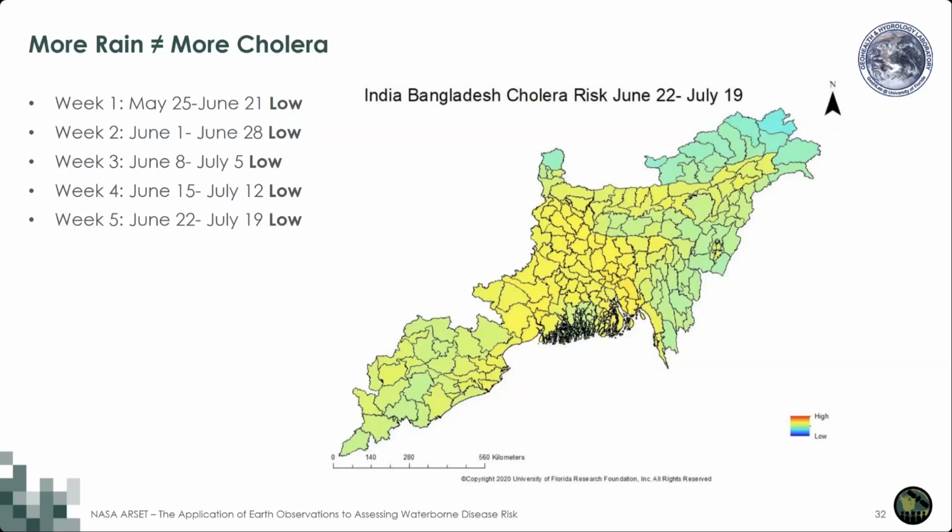In fact, they were much below average for that time of year. So even though there was a big clamoring that there was going to be this outbreak, we stood on our hypothesis and said that there wouldn't be. And what we actually found was that there ended up not being a cholera outbreak there. That's providing more evidence that temperatures are a very vital component of this.